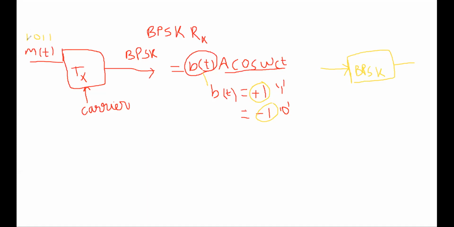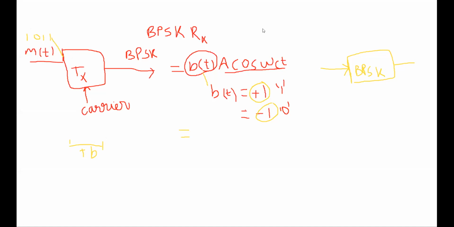First, what will be the input to the transmitter? One bit will be input to the transmitter, and the output is for a given bit interval, a period of time tb. Suppose this is the time tb for which this signal is present. So this is the bit interval time of your modulating signal. A digital signal is always represented by bit interval time tb.